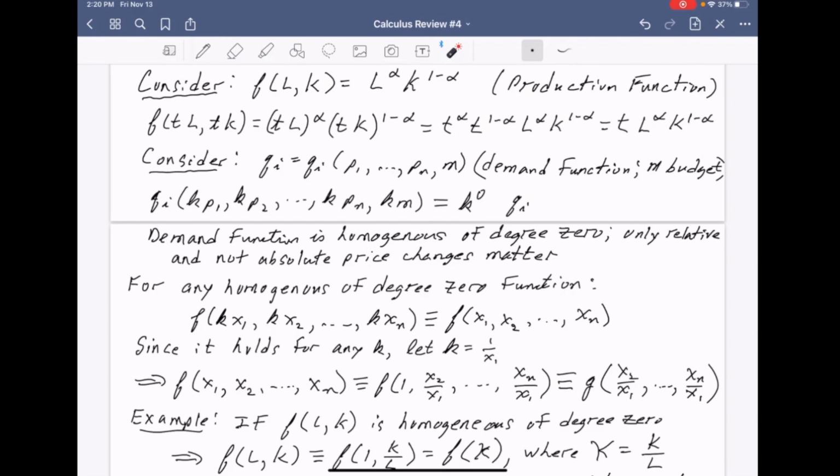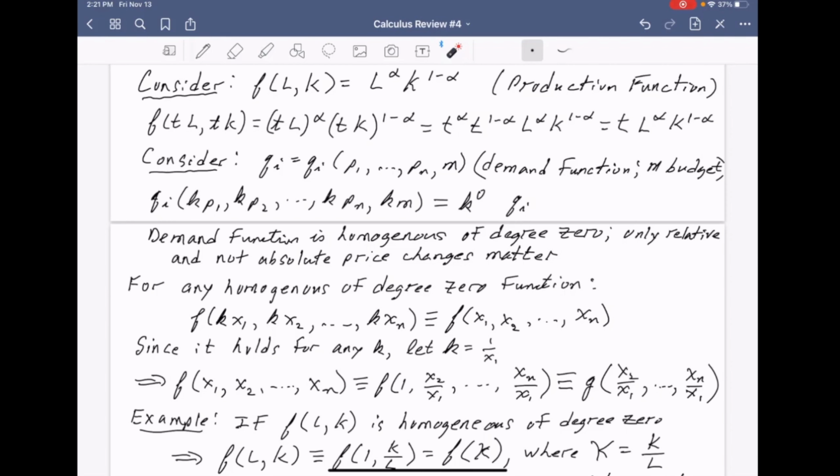For any homogeneous of degree 0 function, we find that when we multiply each of our inputs by k, or it could also be a demand function, then it's as if output does not change at all, or demand in this case does not change at all.